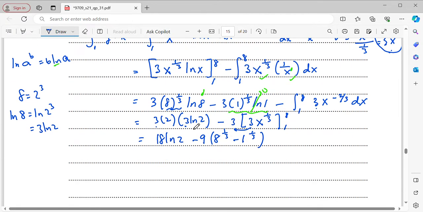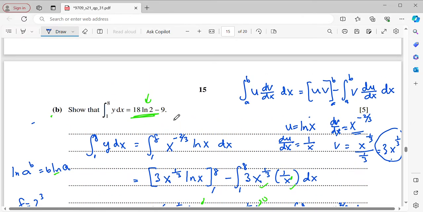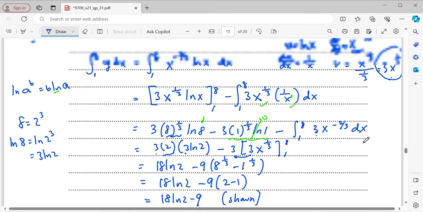So then you will be getting 18 ln 2 minus 9. 8 to the power 1 over 3 is 2, okay, from the previous. So 2 minus 1. Therefore, this is going to be 18 ln 2 minus 9. So, shown. Okay, so this is the solution of this integration.